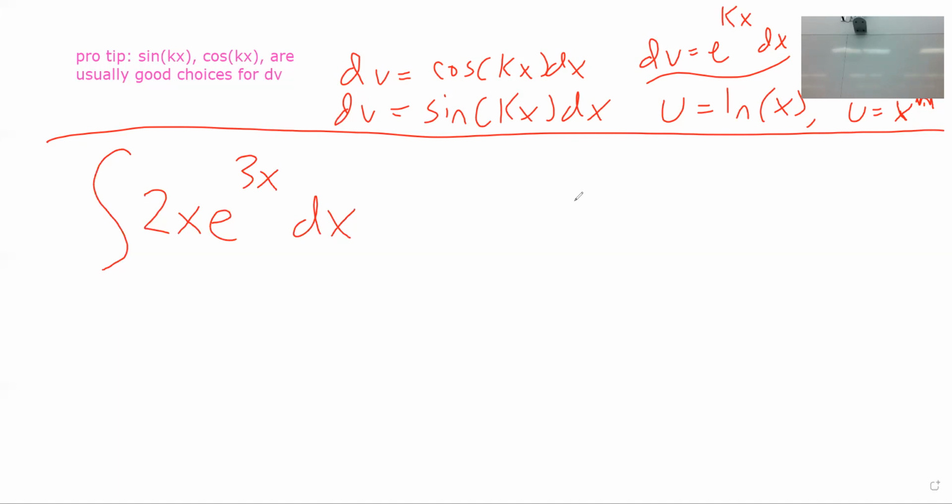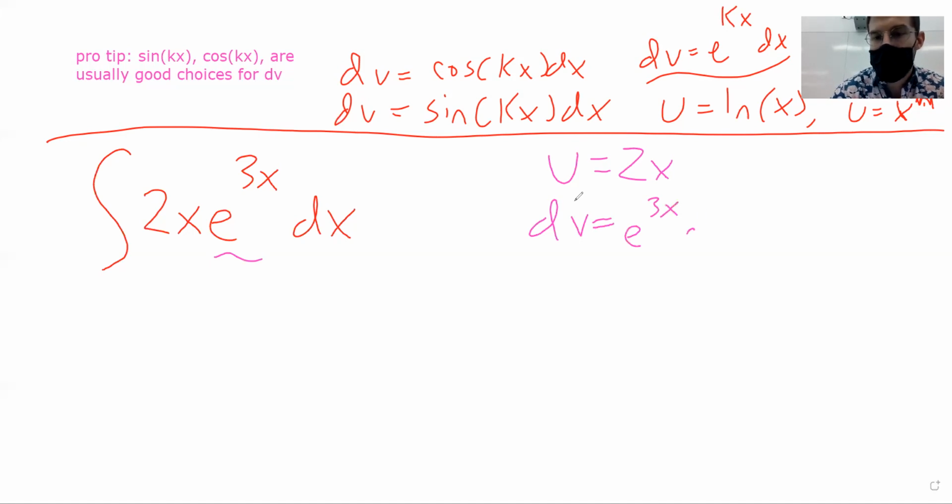What might be a good choice for dv? Yes, sir. I agree. Let's take u equals 2x. And then what about dv? Do we see any of our usual suspects? Yeah, so let's take e to the 3x dx as dv.